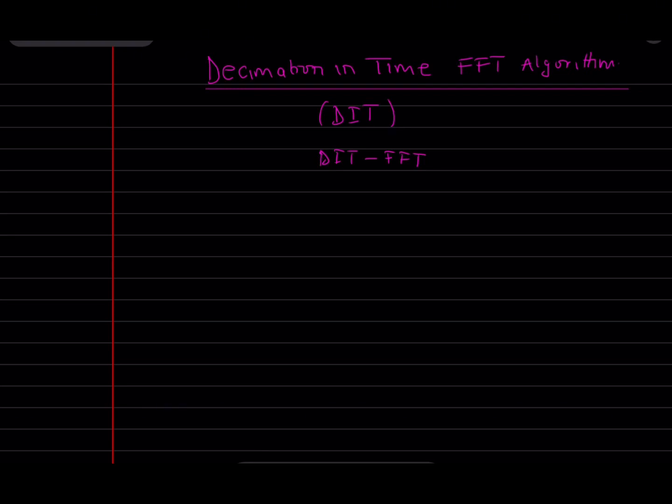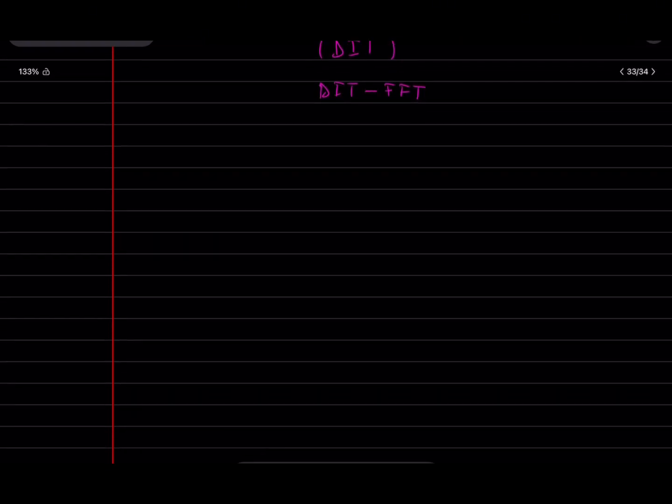So these are some of the key points that you should take note of. The concept of the decimation in time FFT algorithm, which is the DIT FFT algorithm, is that this algorithm is a specific implementation of the FFT, and it utilizes a divide and conquer approach, as I told you in my previous tutorials.